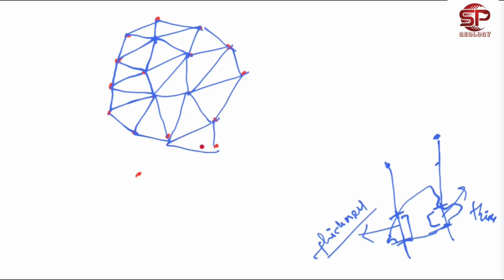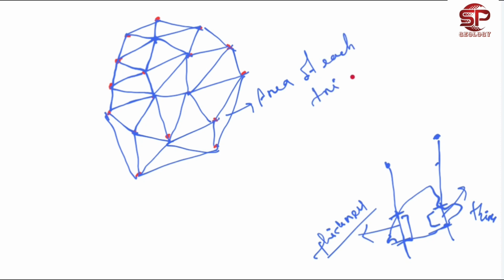Now they will measure the area of each triangle. And you have got the area. Now you want the thickness. Area into thickness will give you the volume.